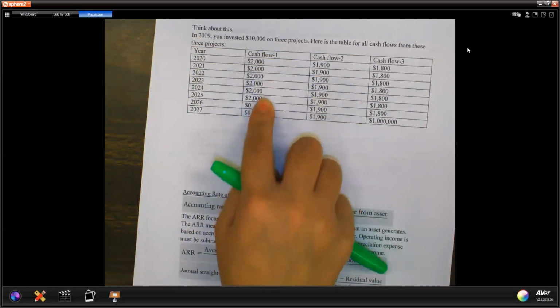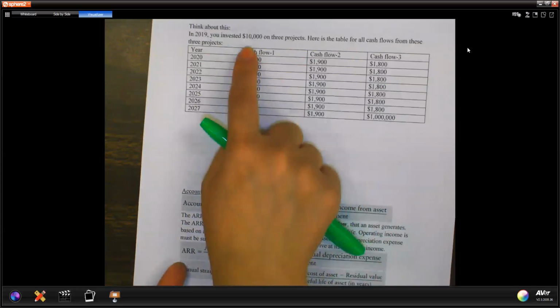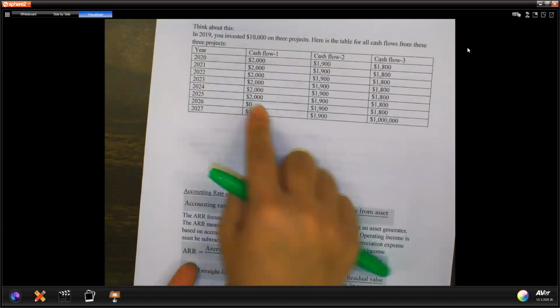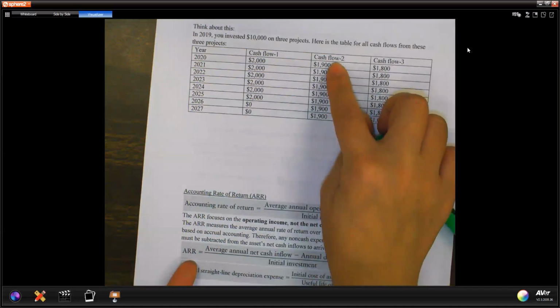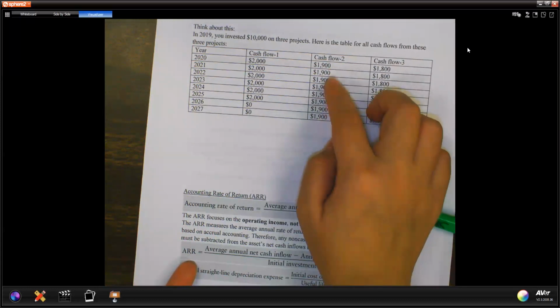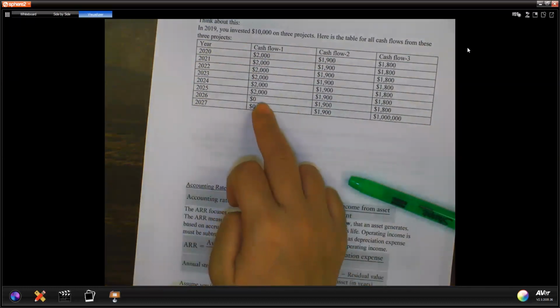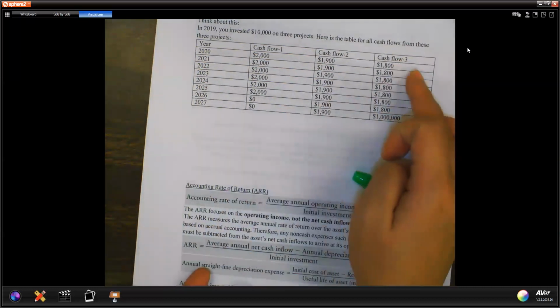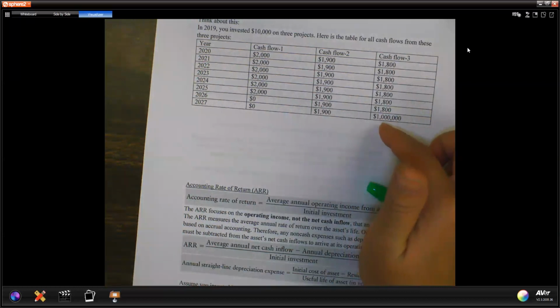So the total money you got is 12,000, minus the 10,000 investment, so profit is 2,000. The second one gives you 1,900 every year for 8 years, so you got more profit overall than the first. And look at the third one, you got a million something at the end of the project.